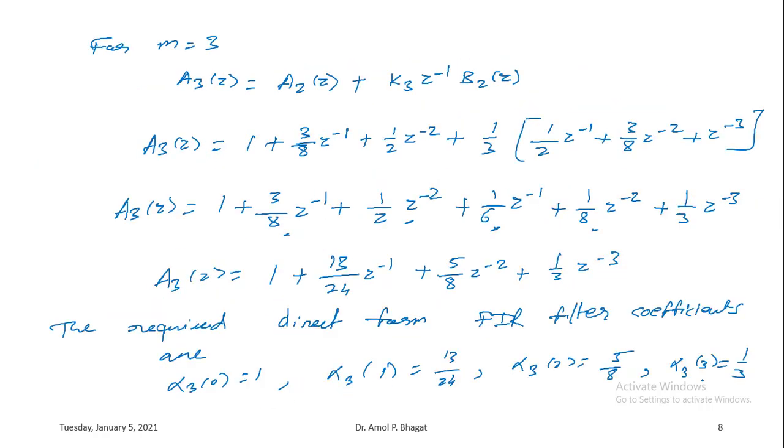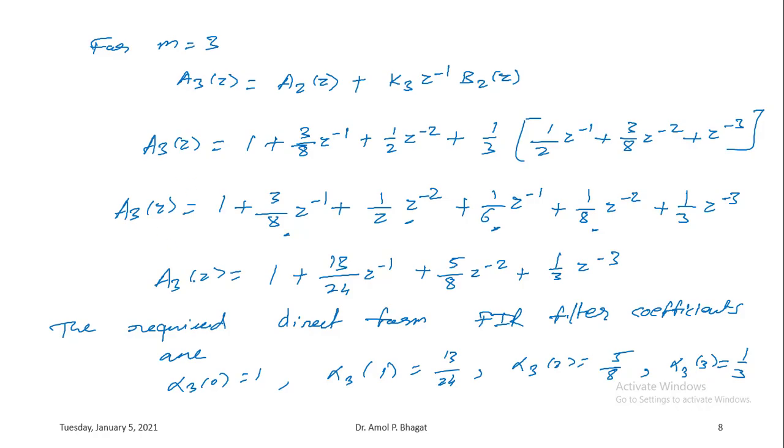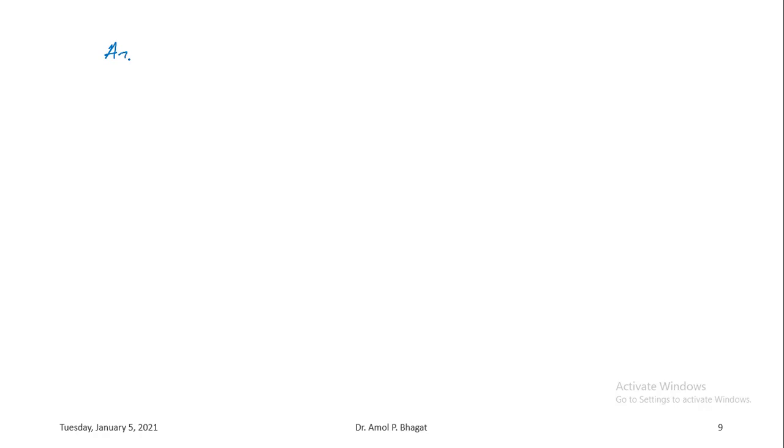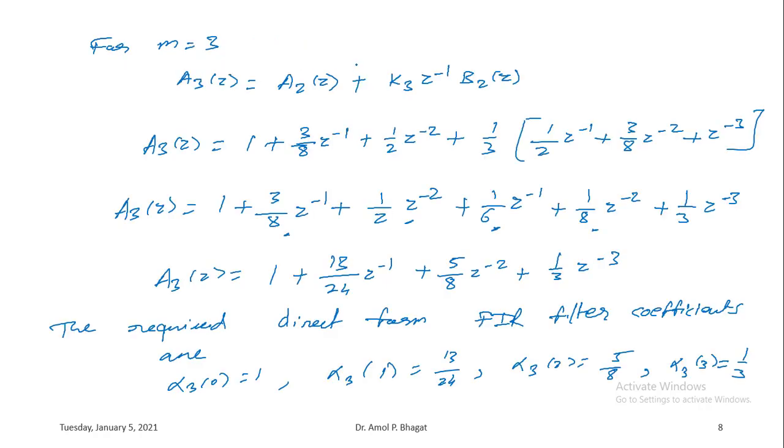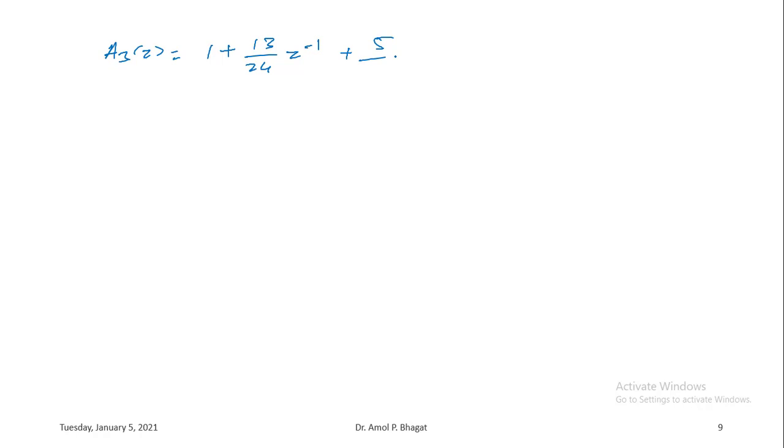You can even draw the direct form realization for this final equation. We have the equation a3 of z equals 1 plus 13 by 24 z inverse plus 5 by 8 z to the power minus 2 plus 1 by 3 z to the power minus 3.